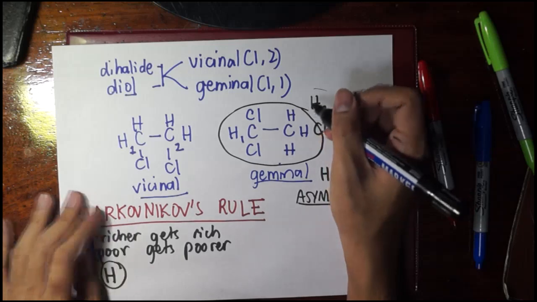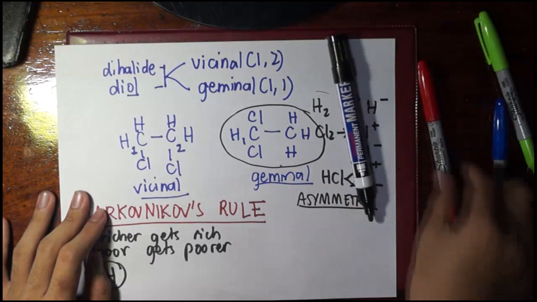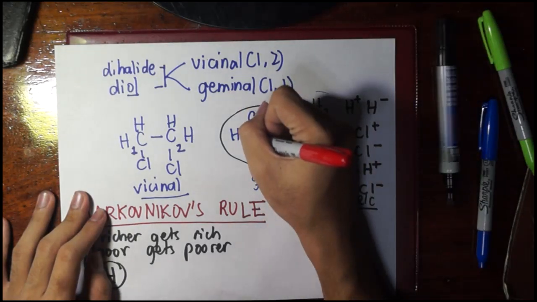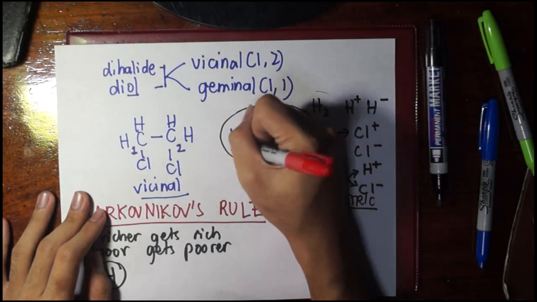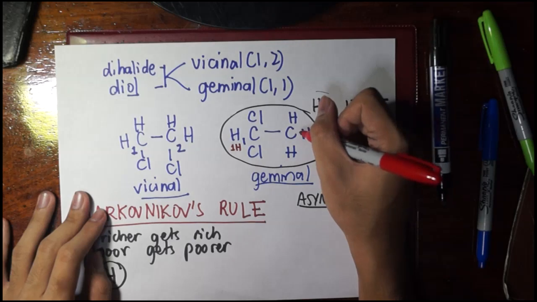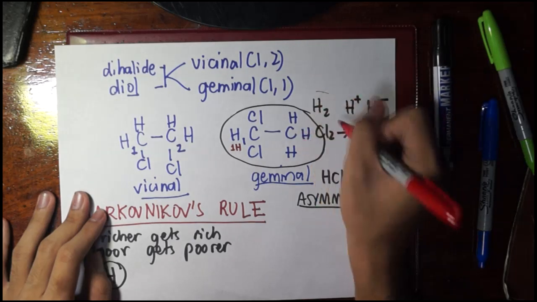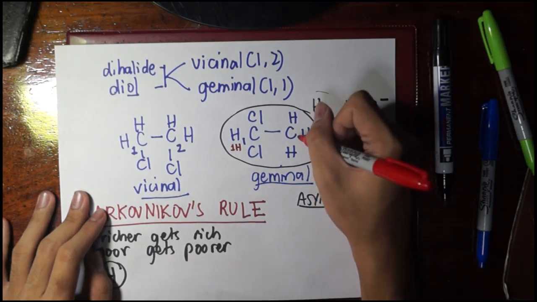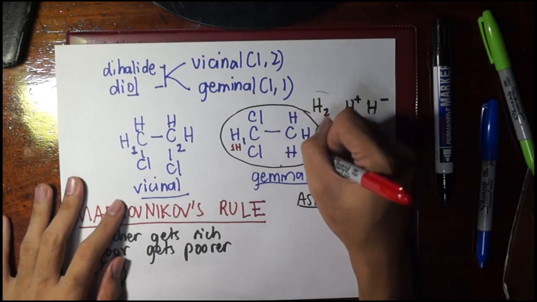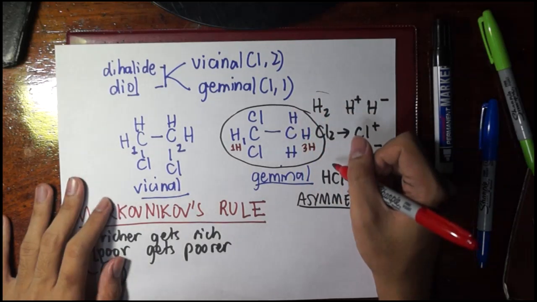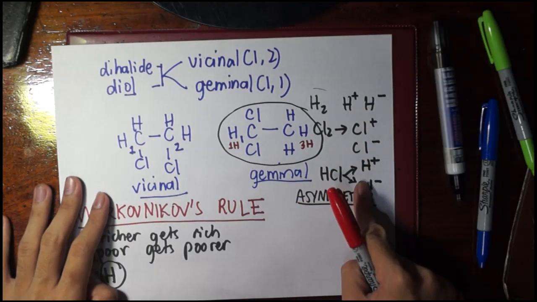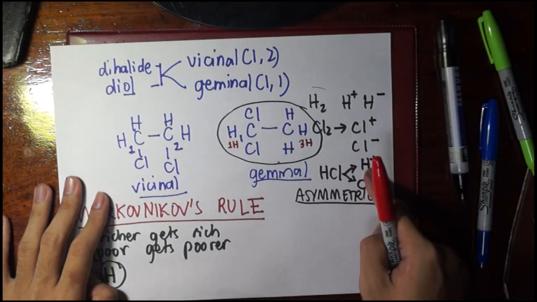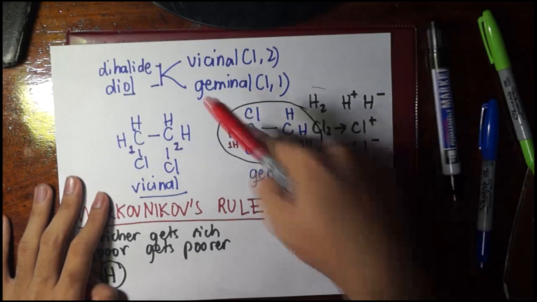Which of these is richer in hydrogen? Would it be carbon number 1 or carbon number 2? In carbon number 1, we only have one hydrogen. But here in carbon number 2, my god, we have 3 hydrogens. So that means that, for example, we add HCl, alright, H goes to this carbon and Cl goes to this.